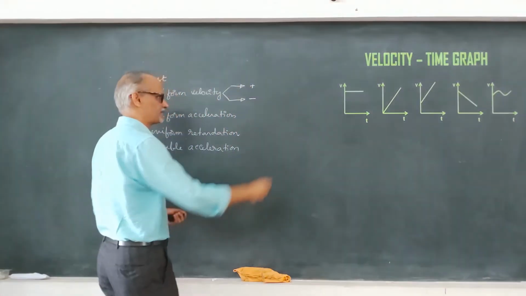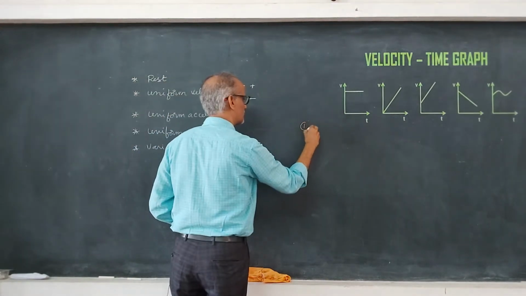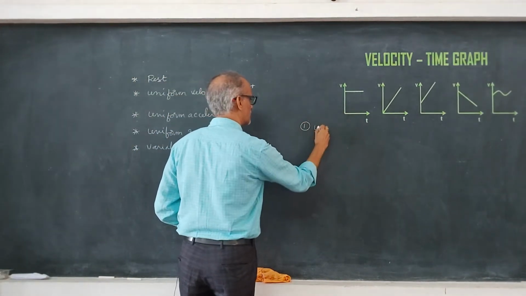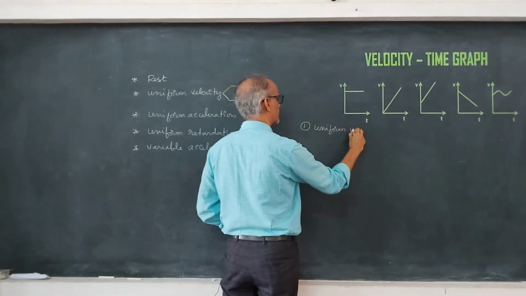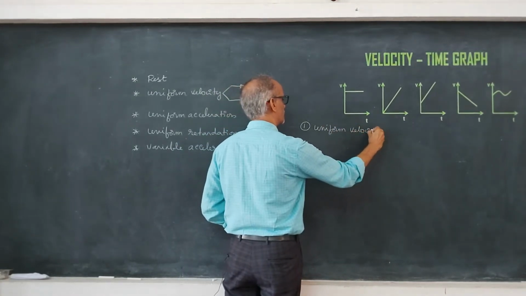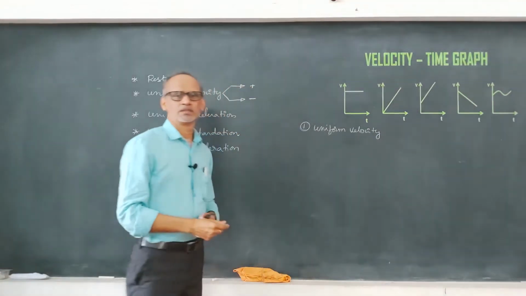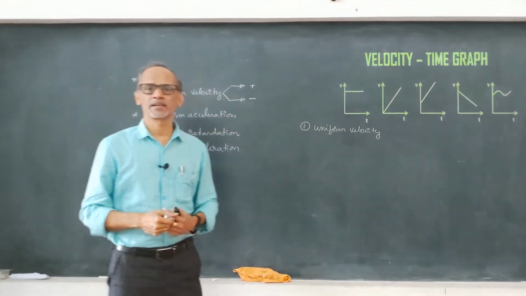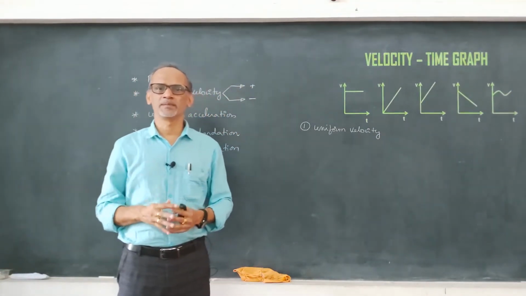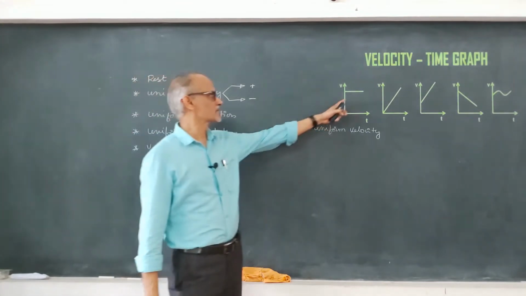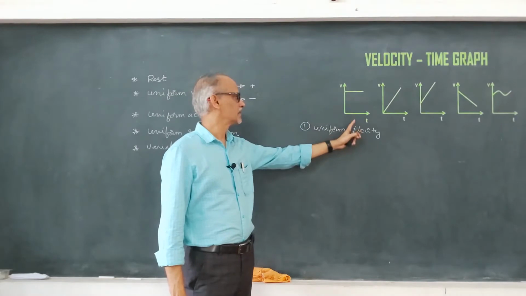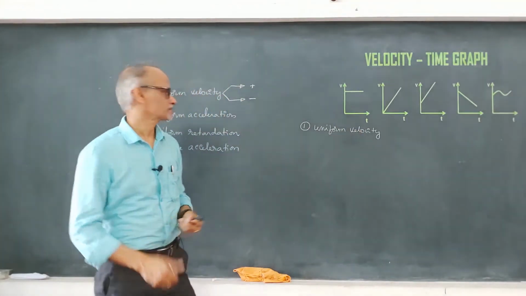So, the first graph is for a body moving with uniform velocity. If a body has uniform velocity, the shape of the VT graph is a straight line parallel to the time axis.